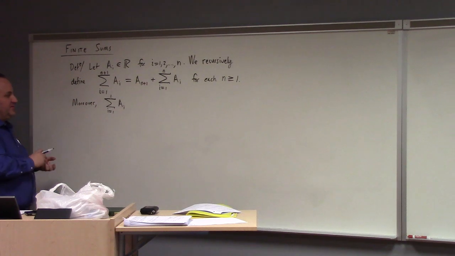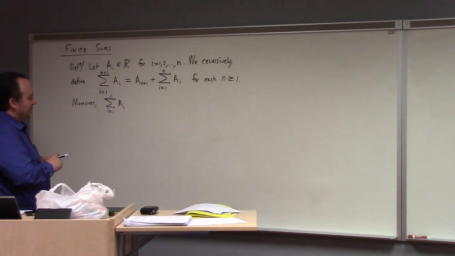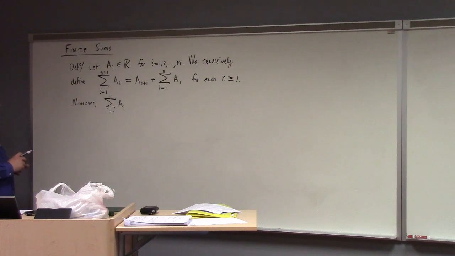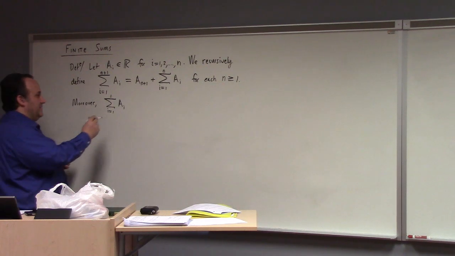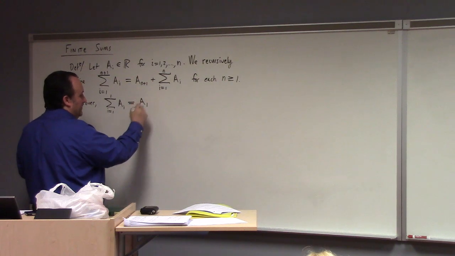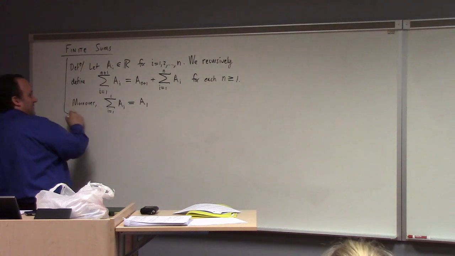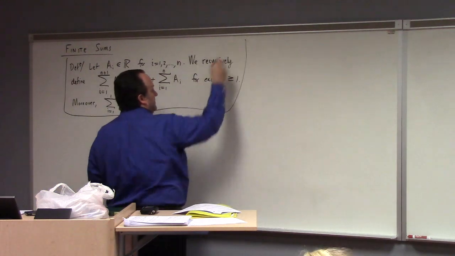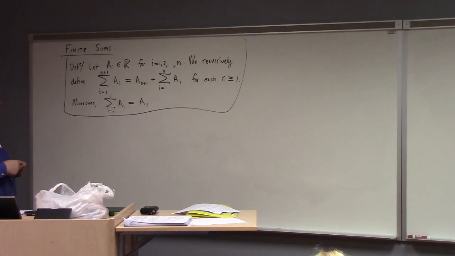Help me finish this definition here. What should the sum i equals 1 to 1 of a sub i mean? 1? Almost right. A sub 1, right? So this is what we mean in that special case. This is how we define the finite sum inductively.